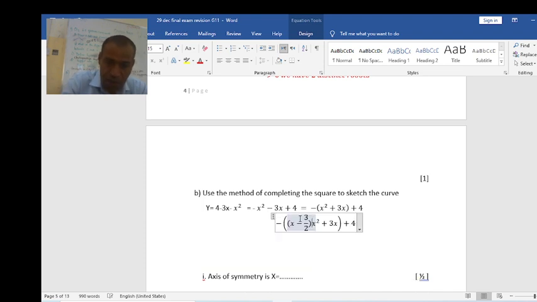Then I should close this parenthesis to the power 2, minus, in parentheses, I should square the number, minus 9 divided by 4. I will explain where we got it from: because 3 squared is 9, 2 squared is 4, plus 4.